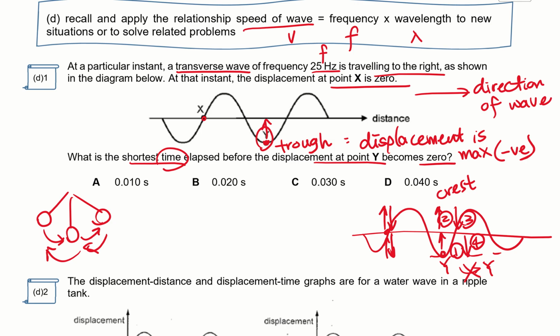So if Y wants to go to the 0 displacement position, it is actually taking 1 step. Okay, so we have the info of 25 Hz. So if I have 25 Hz, I can actually use this formula, T equals 1 over F, to get the period.